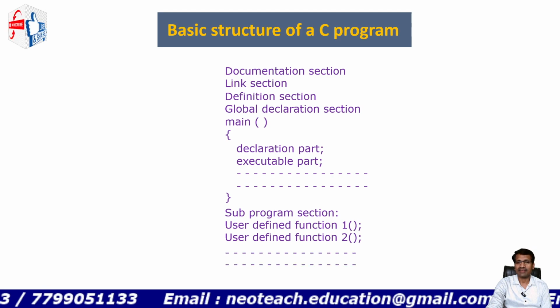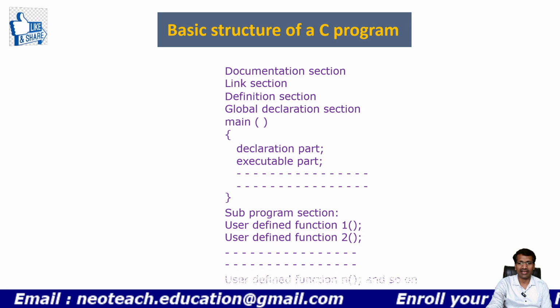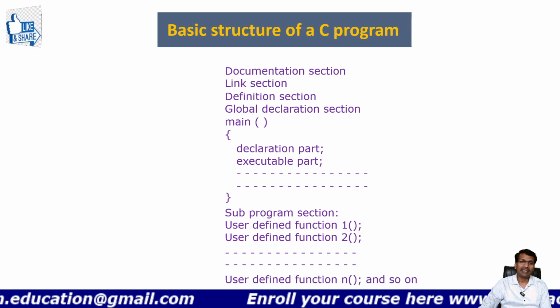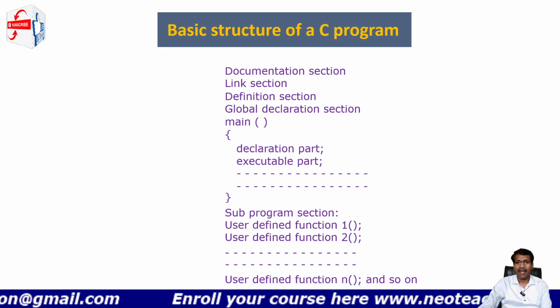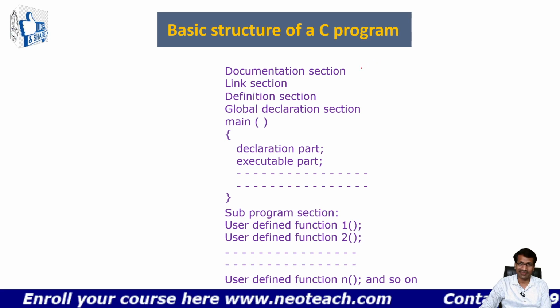Then the subprogram section, using user defined function 1, 2 and so on, as many functions as we can write. This is the complete basic structure of a C program, and I will discuss here what is necessary and what is not necessary.